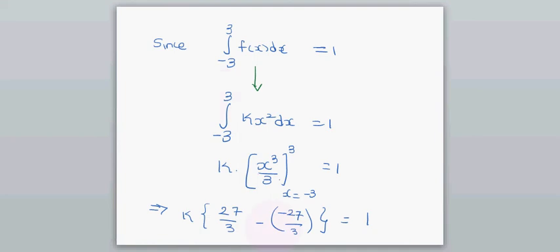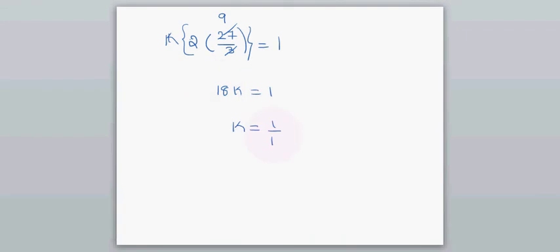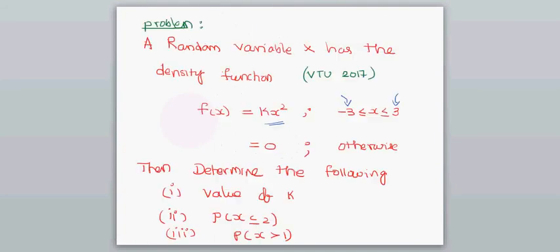We get 2 times 27/3 equals 1, and on simplification this becomes 9, and k is already there as a coefficient, so it comes as 18k equals 1. Therefore the k value will become 1/18. You just have to make the area or the integral value equal to 1, and when you integrate you will get the required k value.